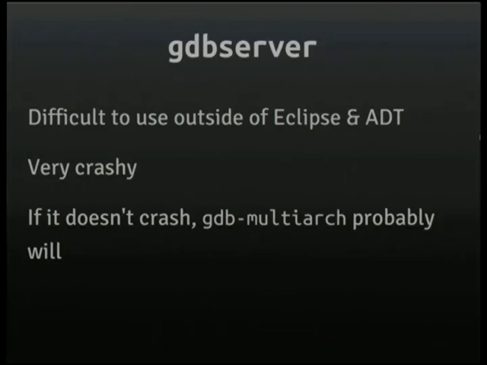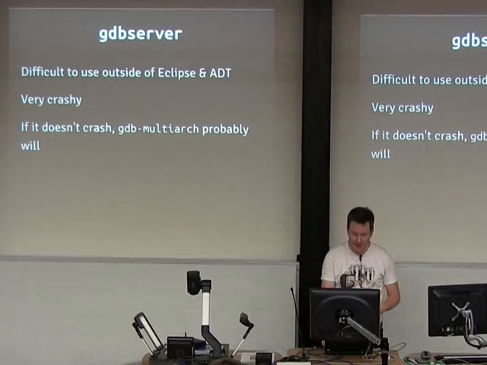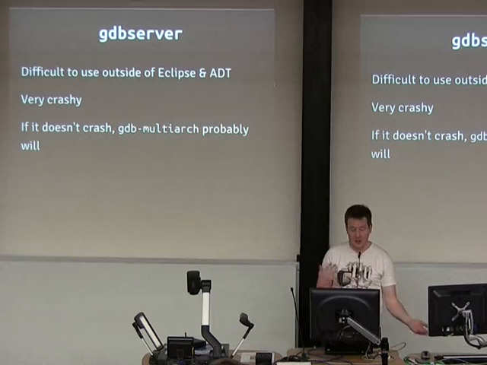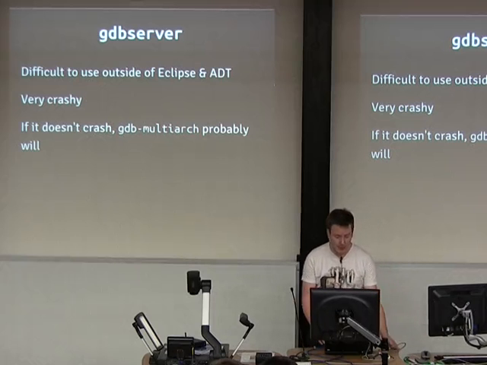The reason being that I don't know what Google have done to it, but it's crashy as hell. And if it doesn't crash, then your GDB multi-arch package on your desktop will probably crash. In actual fact, they usually take each other down at the same time. So, GDB server, it's there. It works 20% of the time, probably, but not the best option.